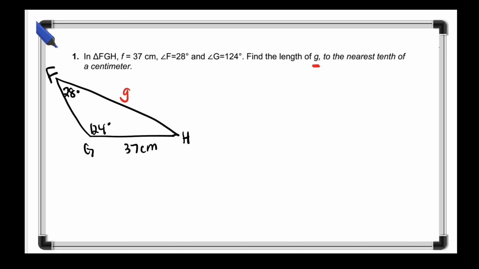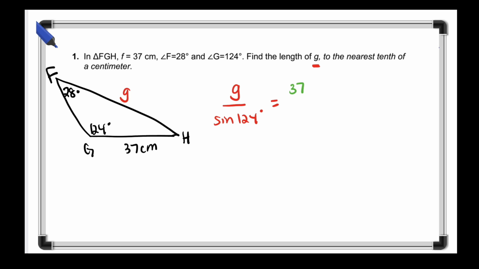So now let's go ahead and see. We have to find one of our sides. So what we can do is have all the sides in the numerators of our fractions here. So we can have side G over, we know is angle G, so the sine of 124. And that equals what we know.